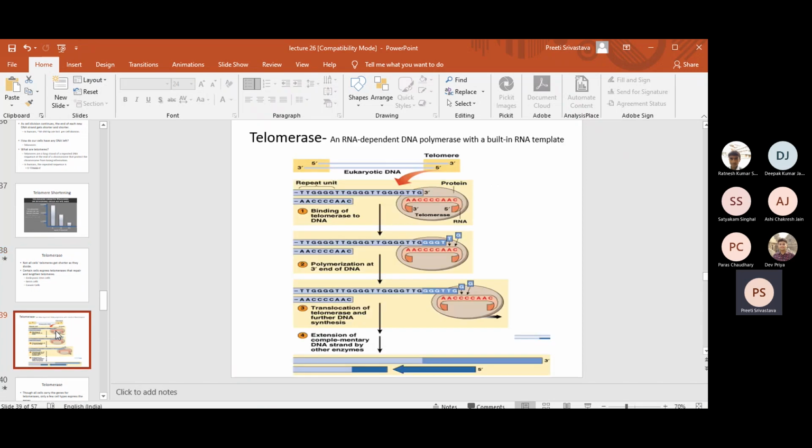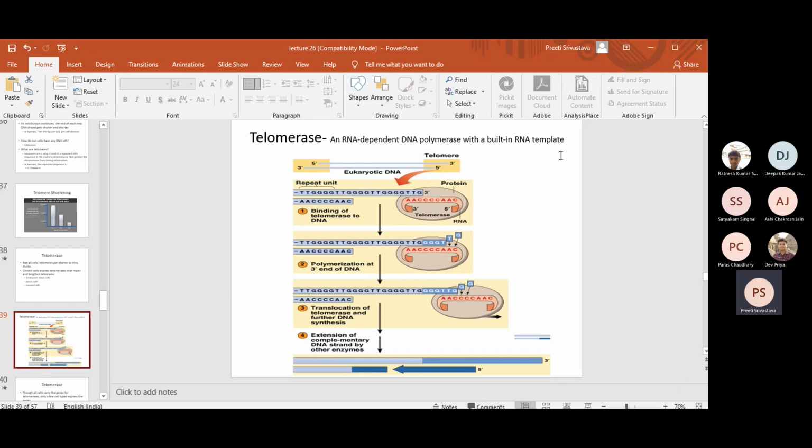This telomerase enzyme has a protein component and it also has an RNA component attached to it. So this is called an RNA-dependent DNA polymerase, which has a built-in RNA template. Okay, so telomerase is not just a polymerase, but it has a built-in RNA template.